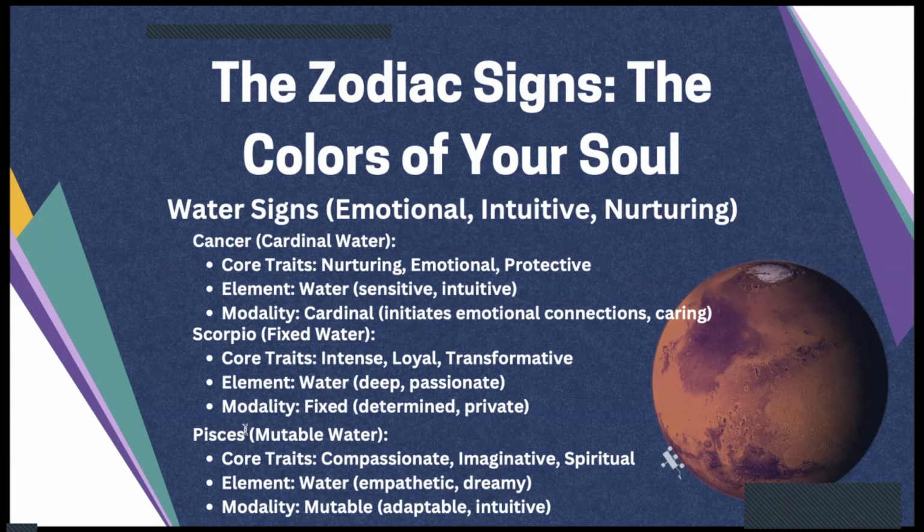The way that they're expressed, their water element, is being empathetic, being dreamy. That's why the 12th house is connected to dreams. If you know a Pisces moon, every time you talk to them, they're probably going to say, "Hey, let me tell you about this dream that I had." That's the epitome of a Pisces moon.